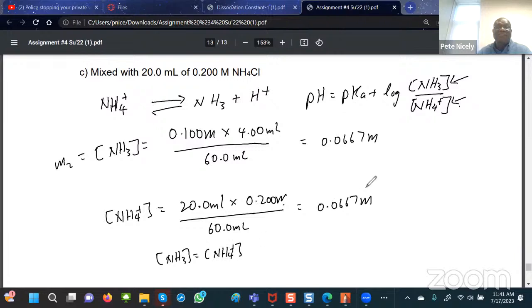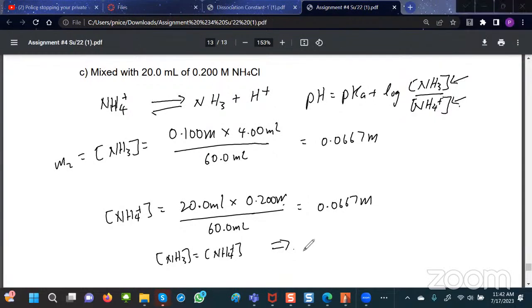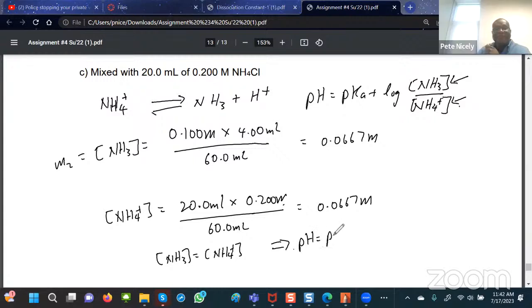So what does that mean? pH is equal to pKa, which is equal to what we saw before, which is what? 9.25.